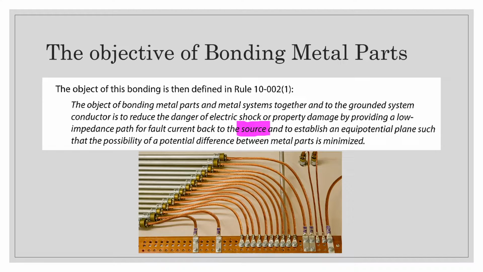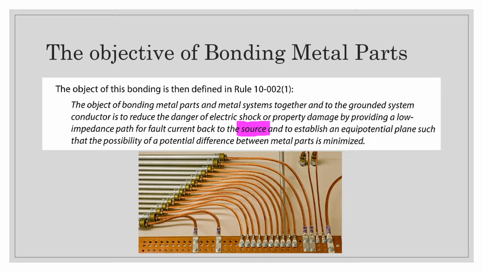So the object of this bonding is defined in Rule 10-2, Subrule 1 of our code books. The object of bonding metal parts and metal systems together and to the grounded system conductor, so back to our neutral, is to reduce the danger of electric shock or property damage by providing a low impedance path for fault current back to the source.